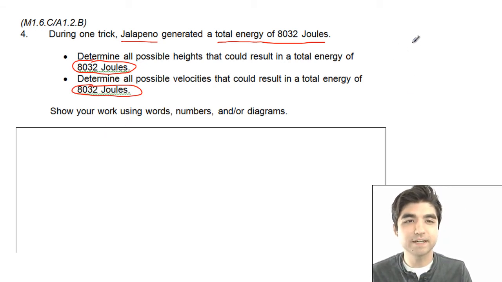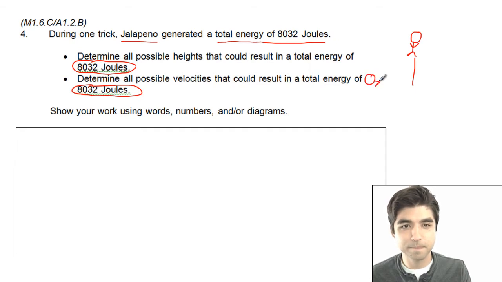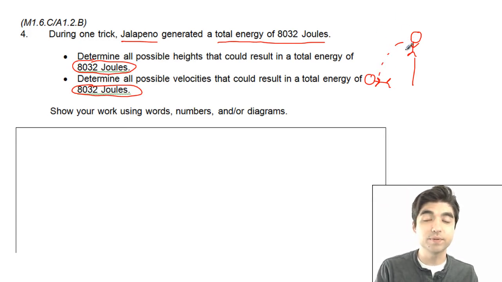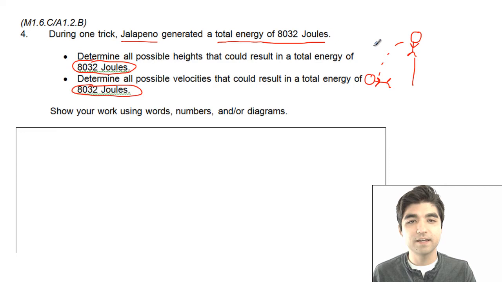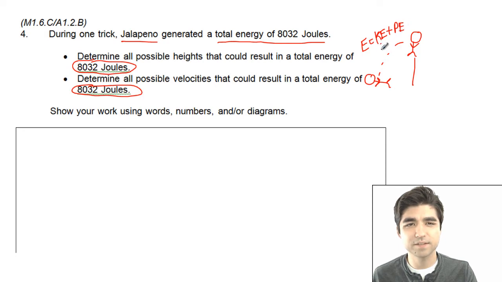Basically, remember from our diagram, little Jalapeno on the top buckle, he jumps off. Anywhere between that path, his total energy, E, is made up of kinetic energy plus potential energy.